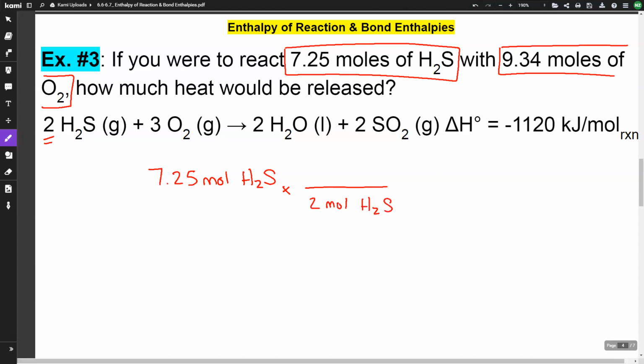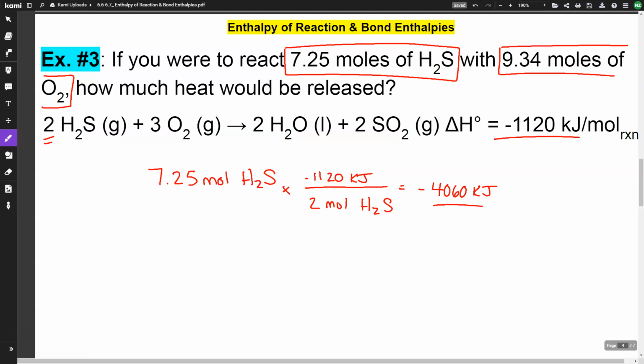For every 2 moles of that, it's going to release 1120 kilojoules. So negative 1120 kilojoules. When we plug that into our calculator, we get negative 4060 kilojoules. So that's for the dihydrogen sulfide.